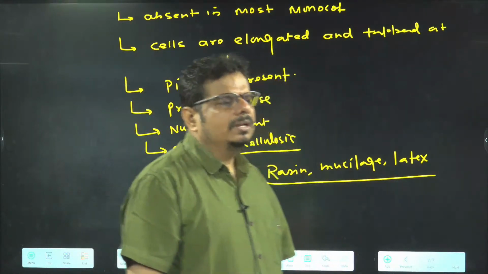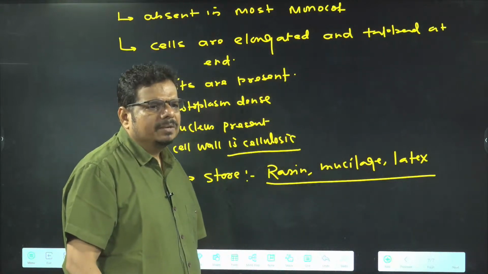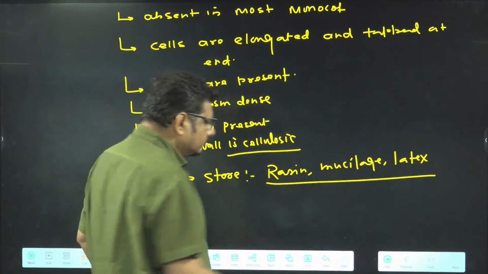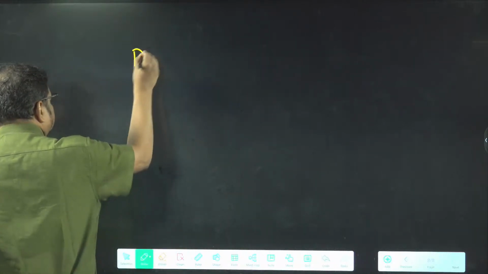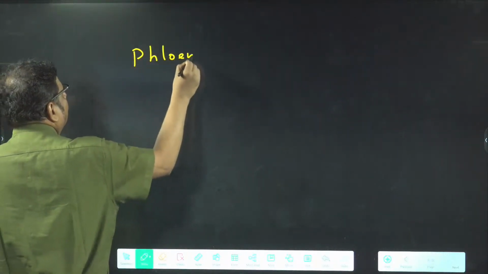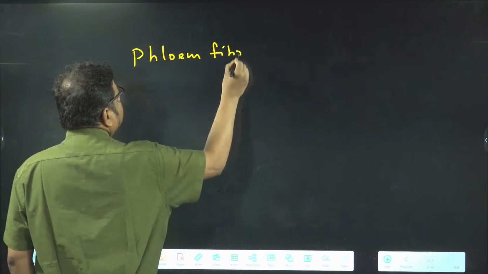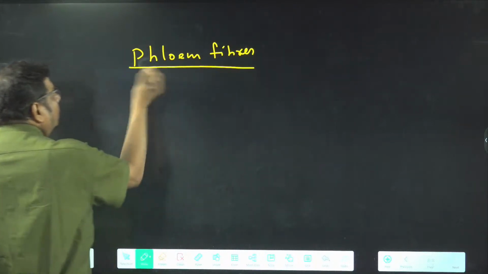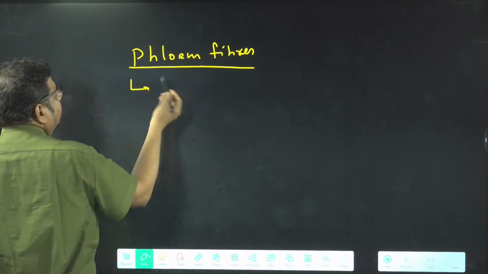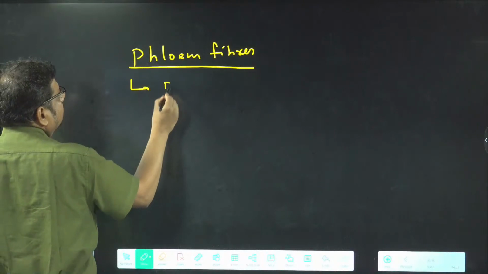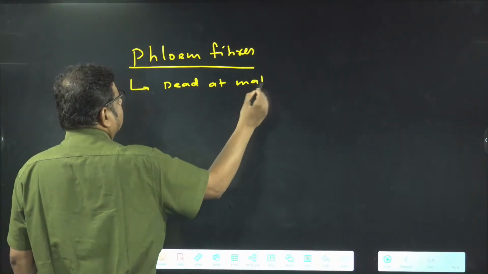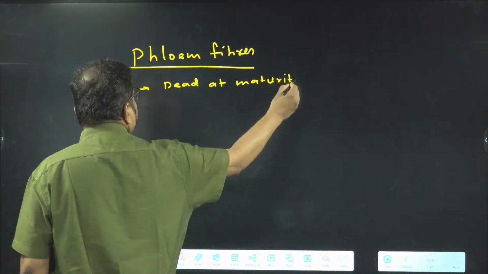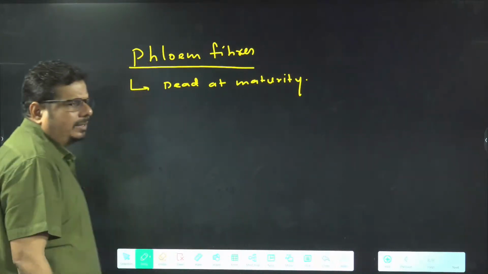Now we are going to deal with which one? Phloem fiber. Have a look. Phloem fibers. Of course, clear from the name, it is what basically? Dead at maturity. Sclerenchyma, every sclerenchyma cell dies at maturity.